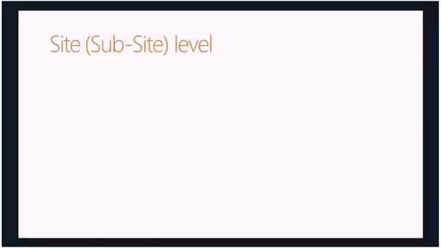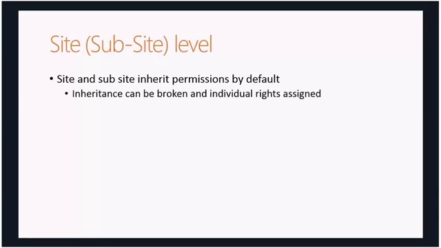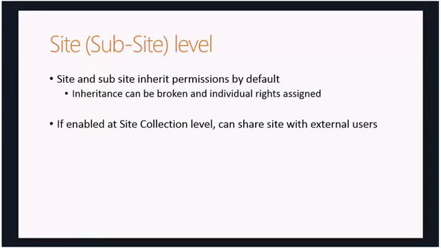So basically, we now get into the site and sub-site level permissions. We're now into our site collection, at our primary site location. Remember that it's inheriting by default, and the inheritance can be broken once it has all been set up, and then you can go in and assign individual rights. Again, we can set up to share with external users.